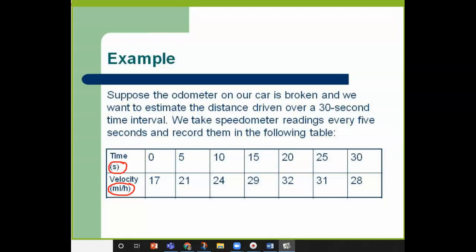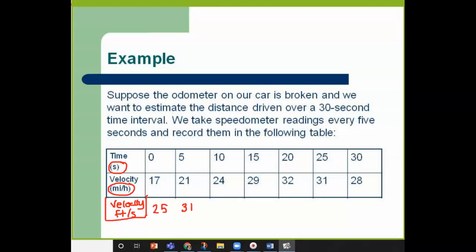So what you want to do is essentially change your velocity to feet per second. We could change it to miles per second, but that would turn all of my values into decimals. By changing it into feet per second, I'm going to be able to maintain whole numbers.